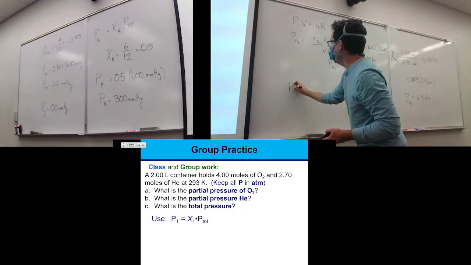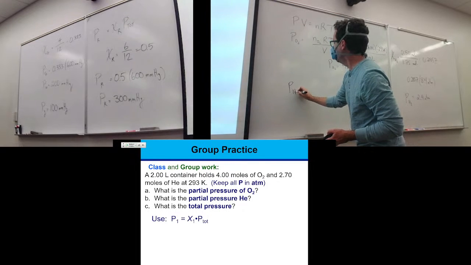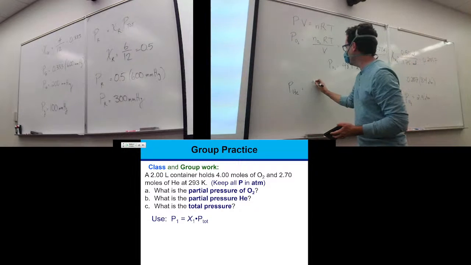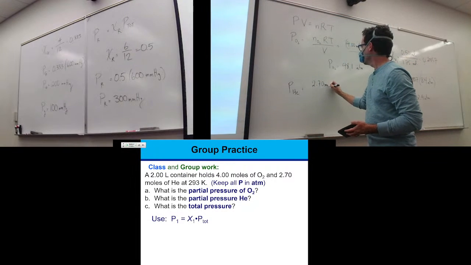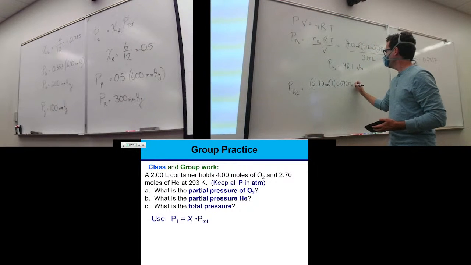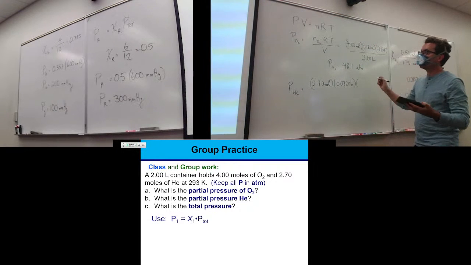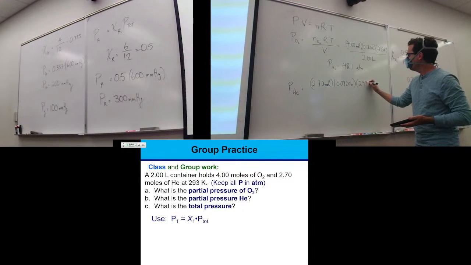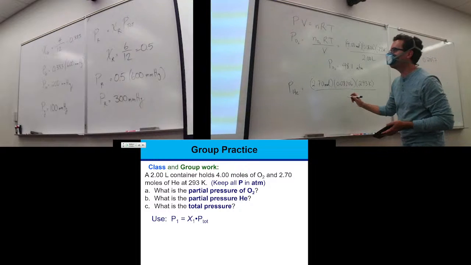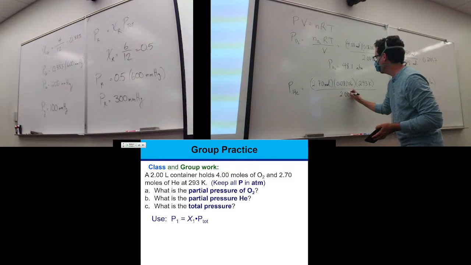We'll do the same thing for the helium. So we want the moles of helium, 2.7. There's R. Temperature is the same. It's in the same container. Same container, so the volume is going to be the same.